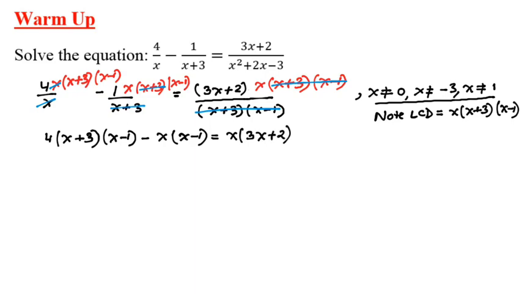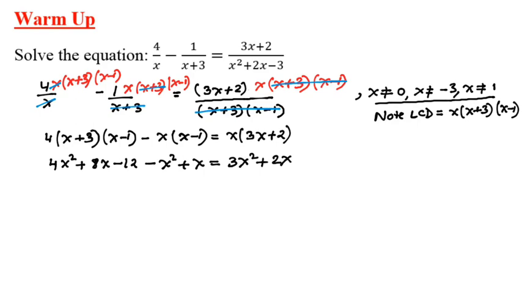If we multiply in each case, on the first one we get 4x squared plus 8x minus 12 minus x squared plus x equal to 3x squared plus 2x.